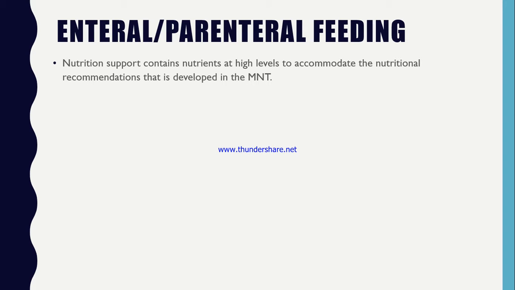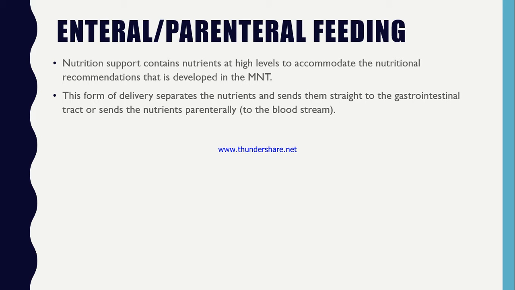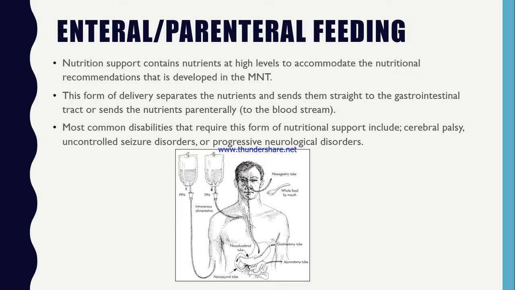So next we're going to look at different types of feeding options. Nutrition support often contains nutrients at high levels to accommodate the nutritional recommendations that are developed in the MNT. This form of delivery separates the nutrients and sends them straight to the gastrointestinal tract, or sends the nutrients parenterally, which means directly to the bloodstream.